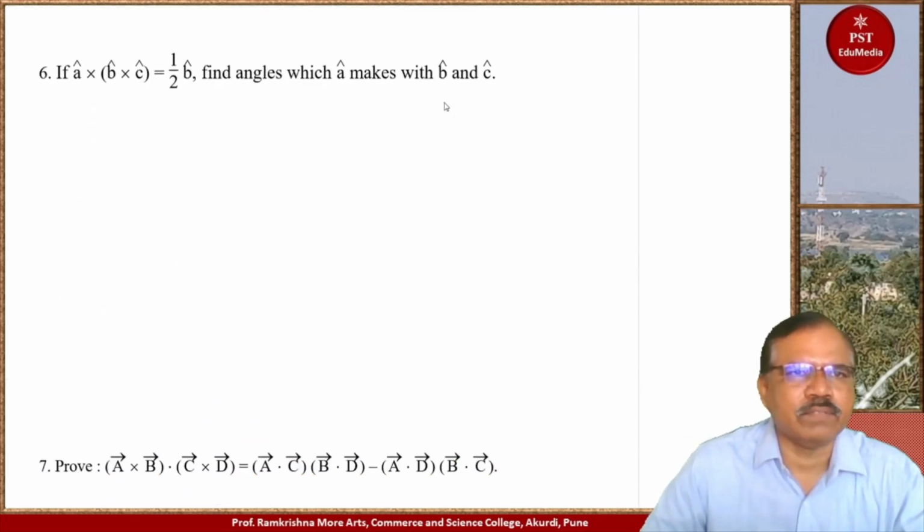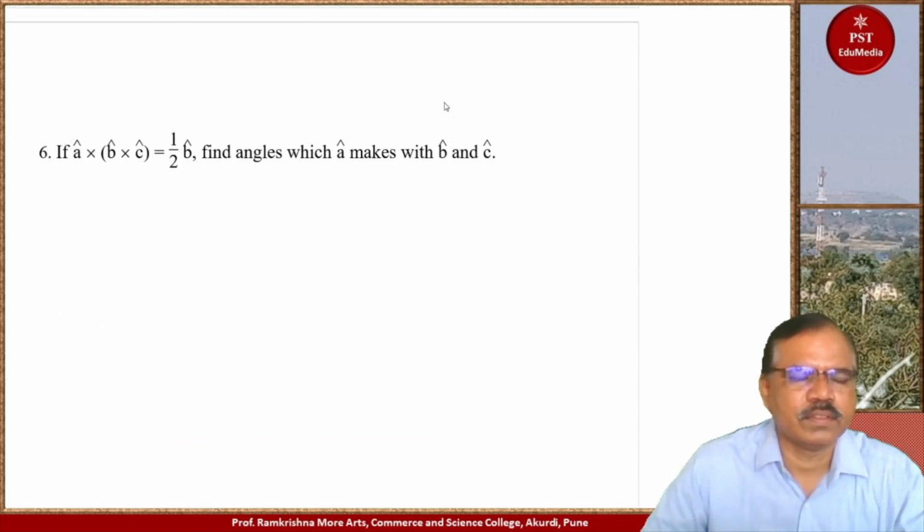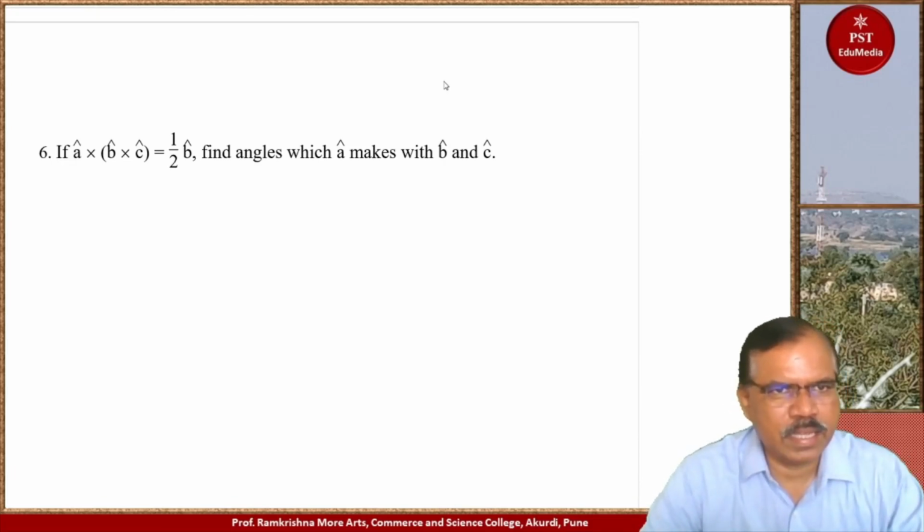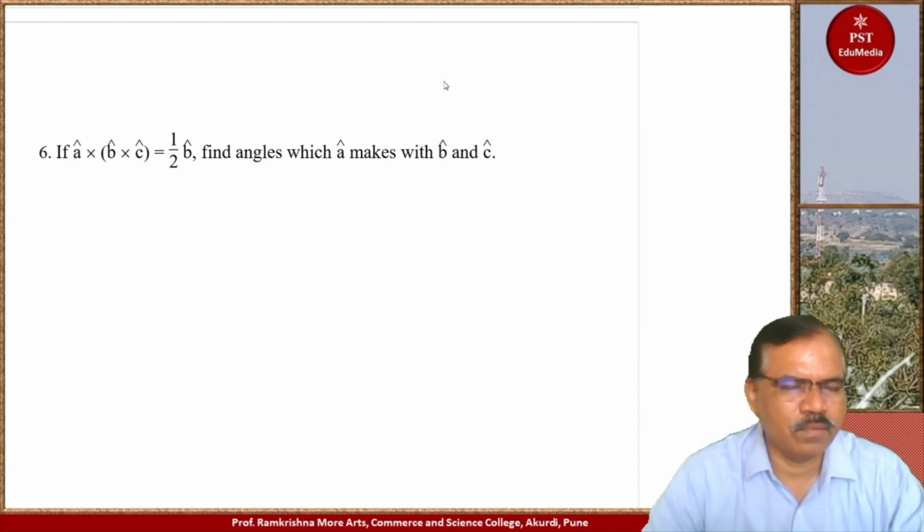Now we'll go to the next one. Now here we have three unit vectors A, B and C. And what is given?